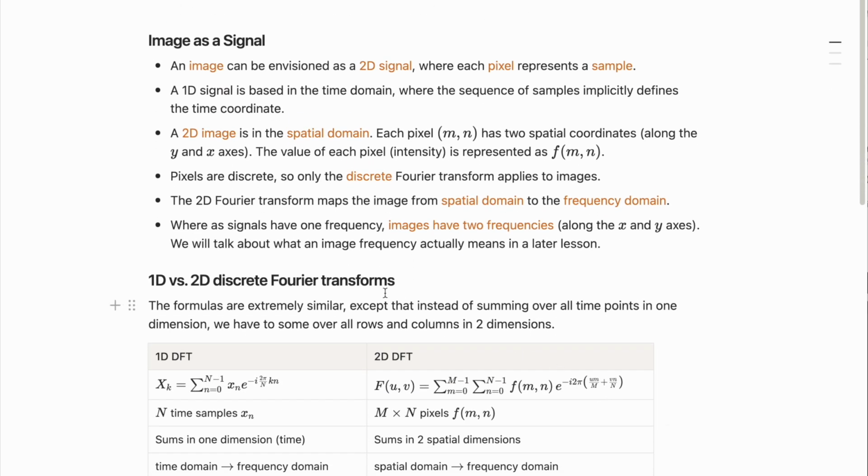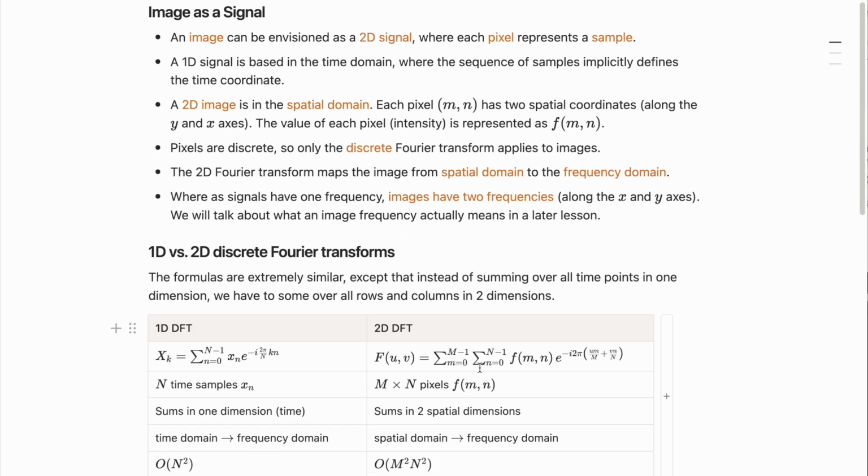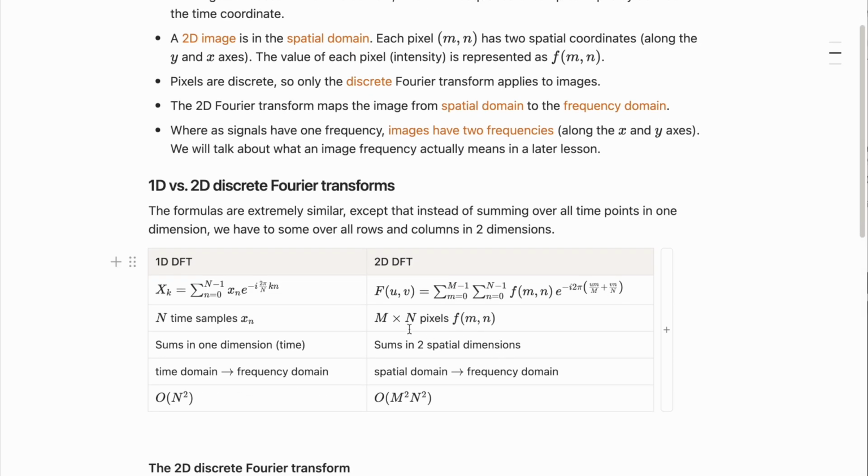So the formulas for 1D and 2D discrete Fourier transforms are extremely similar, except that instead of summing over one dimension, which is time, we have to sum over two dimensions, which are the x and y dimensions. We'll talk more about this formula later, but basically in the 1D Fourier transform, we had N time samples, each of which had a value of x sub n, whereas in the 2D we have M times N pixels, each of which has a pixel intensity or a value of f(m,n).